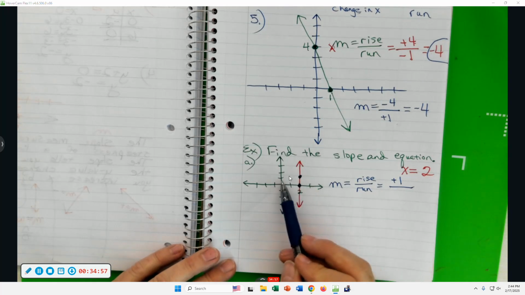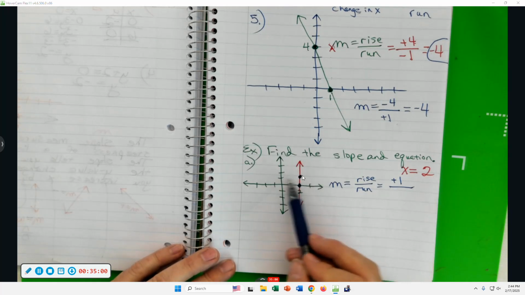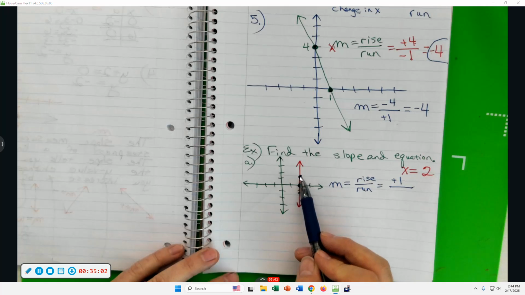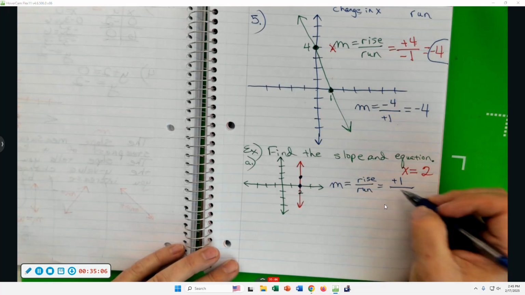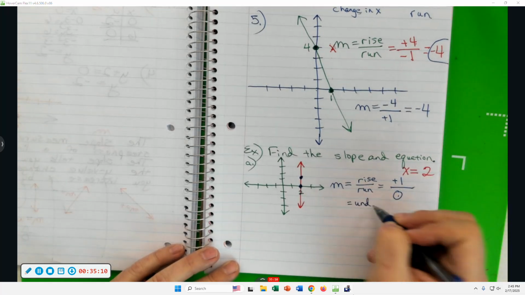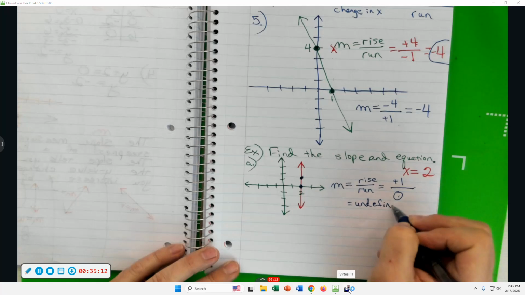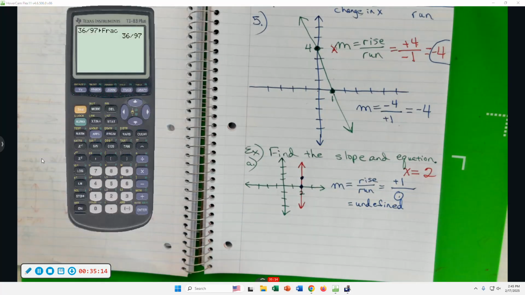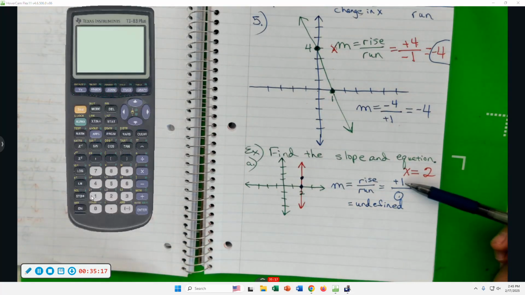What's my run? How many units left or right do I have to move to get to this second point? 0. 1 over 0. We just now justified why the slope of a line is undefined. If you use rise over run, we're going to have a formula for slope in a moment.